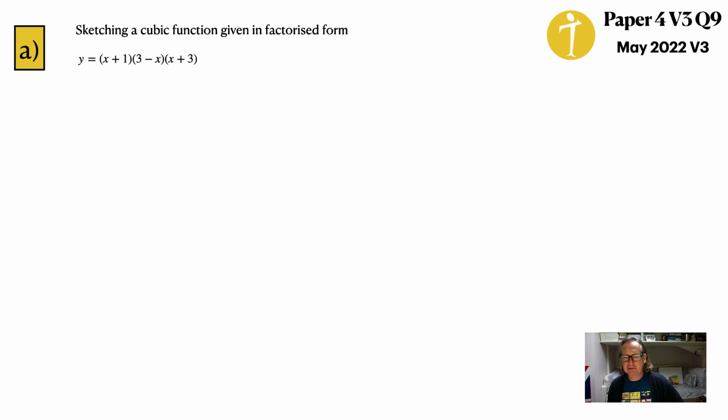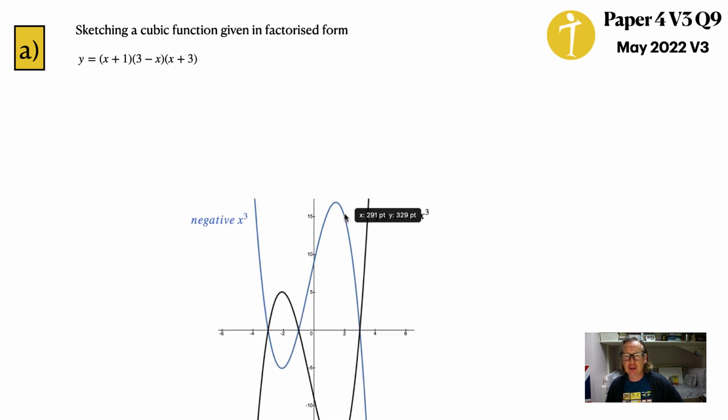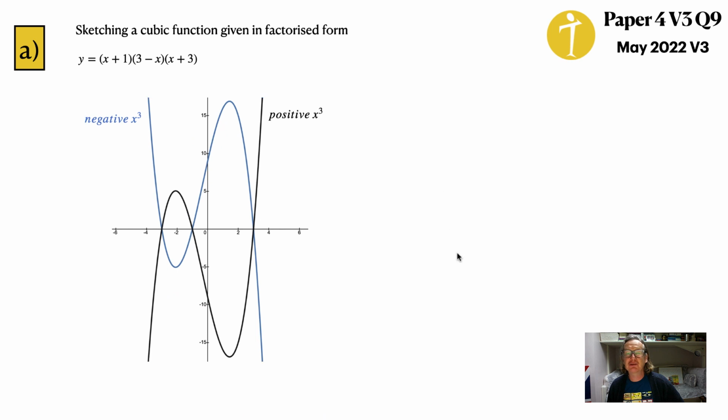But first, let's just have a little look at cubics. A useful thing to remember on the whole is if you have a positive coefficient of x cubed, then your cubic will generally look like this, going from bottom left to top right, with a local maximum first and then a local minimum afterwards.